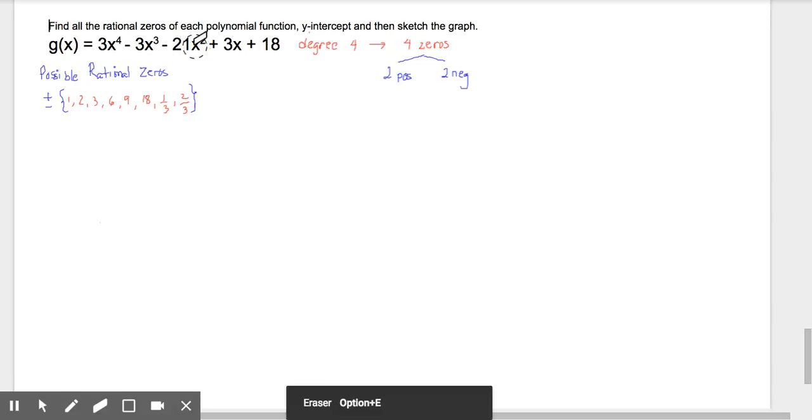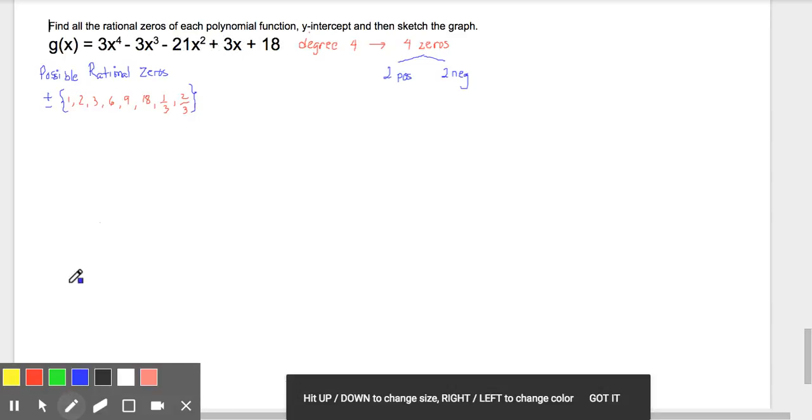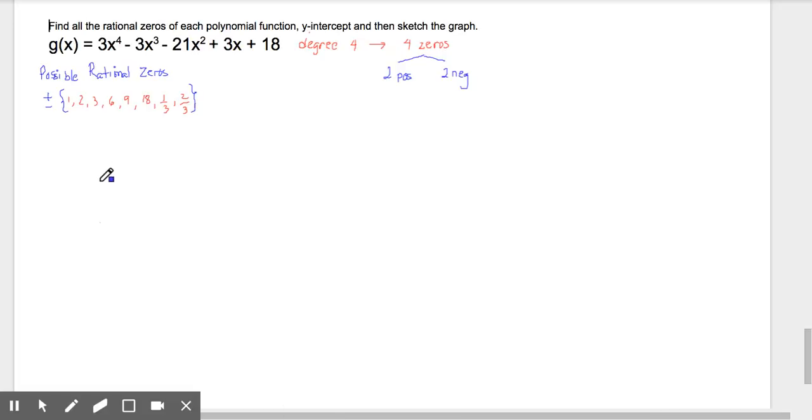But all of the exponents are represented here, so we will not have to replace anything by 0. So we'll just take here 3, -3, -21, 3, and 18.